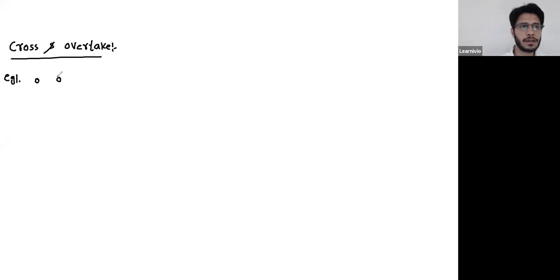You have two cars, a car A and a car B. The separation between car A and car B is 100 meter. Car A is moving with a velocity of 10 meter per second.